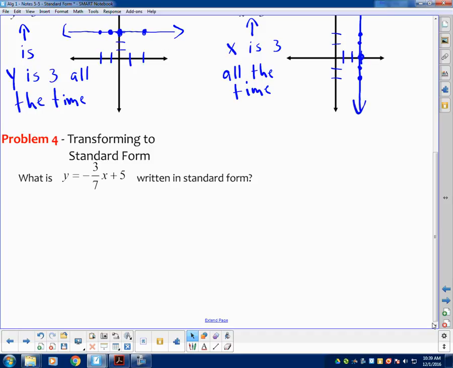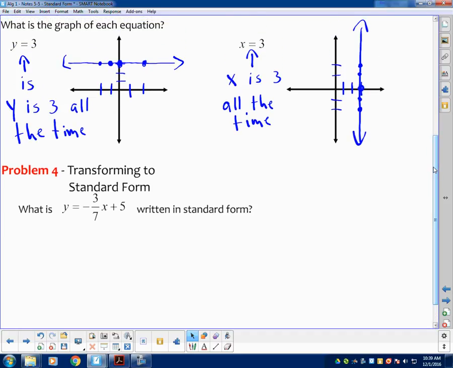It says we are going to transform this equation that is in slope-intercept form into standard form. Now, standard form, we're looking for the x and y to be on the same side. That was step 1. We also want x to be positive, and then we also don't want any fractions in it. So those are the 3 things we're going to try to do to transform this. So step 1 is to get x and y on the same side.